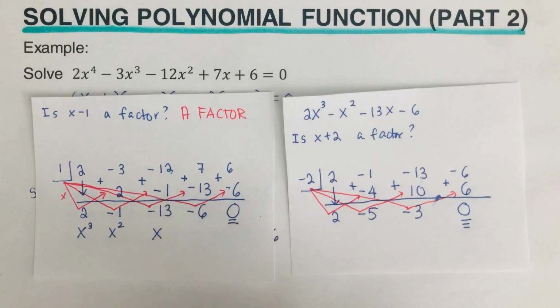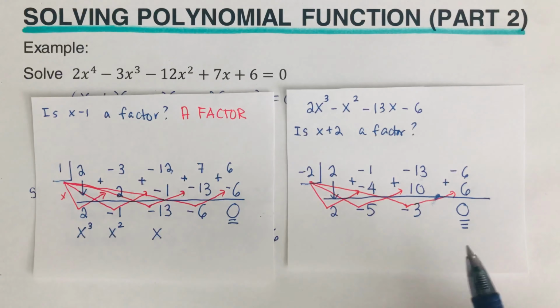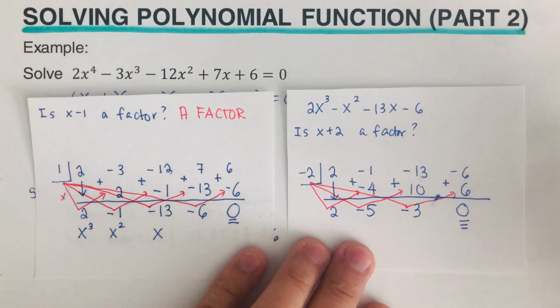Okay, so we got a remainder of 0 here, which means that x plus 2 is another factor.